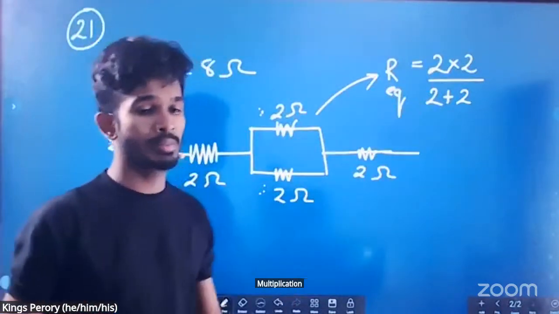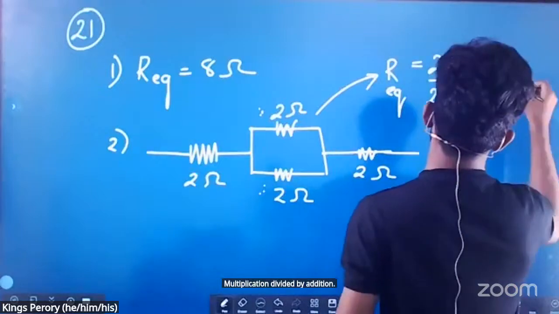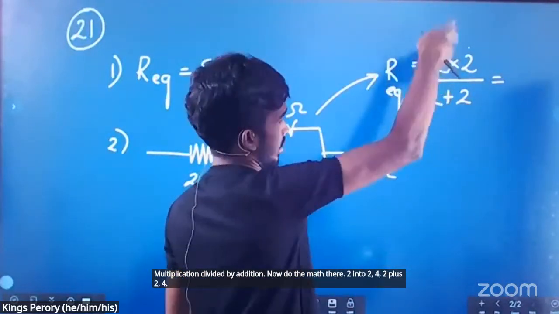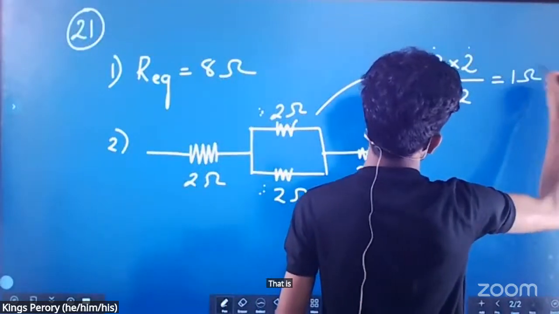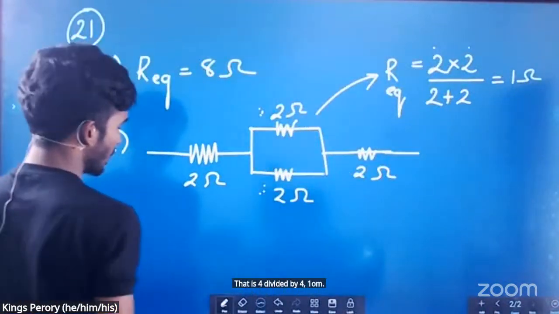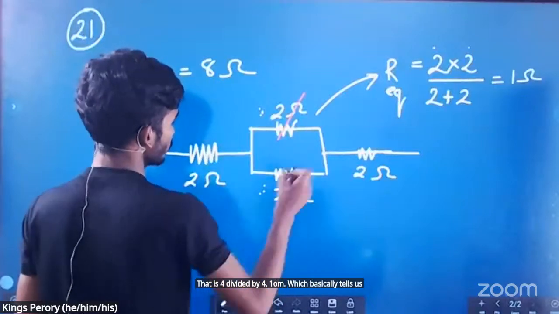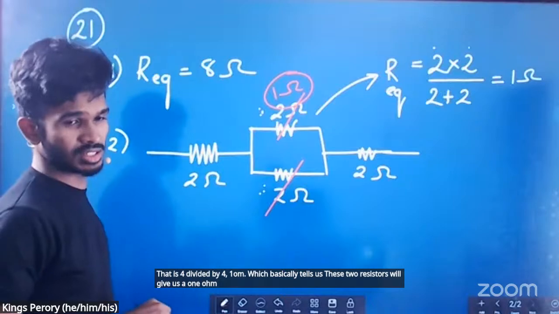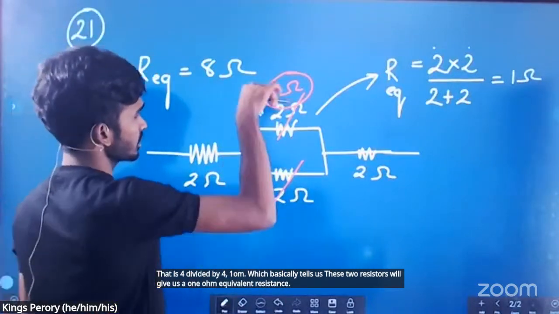Multiplication divided by addition. 2 into 2 is 4, 2 plus 2 is 4, so 4 divided by 4 is 1 ohm. Which basically tells us these two resistors will give us a 1 ohm equivalent resistance.